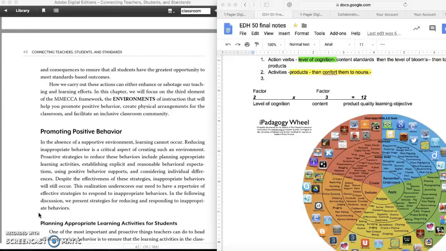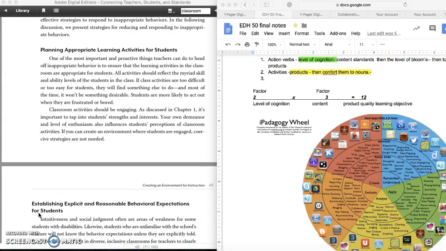One of the takeaways I learned from this chapter is on how promoting positive behavior, teachers can be more supportive in the learning environment and have proactive strategies to reduce behaviors according to their planning or lesson plans that are learned throughout the class.